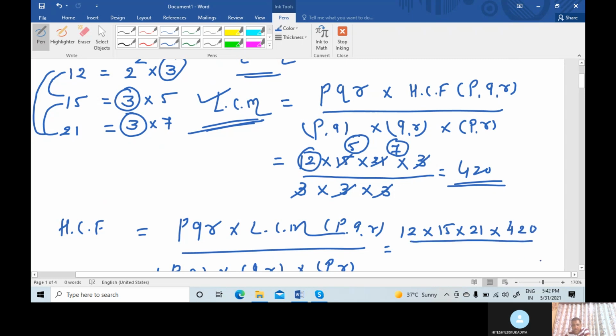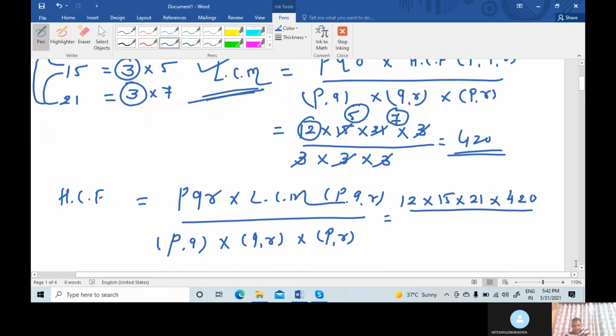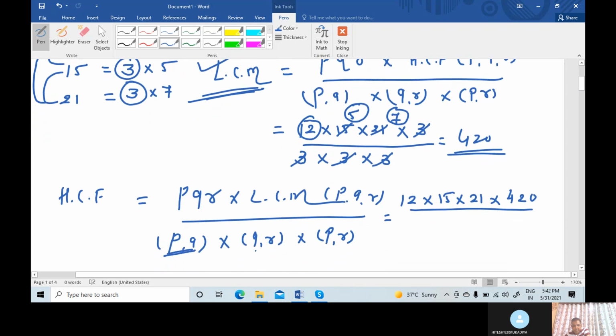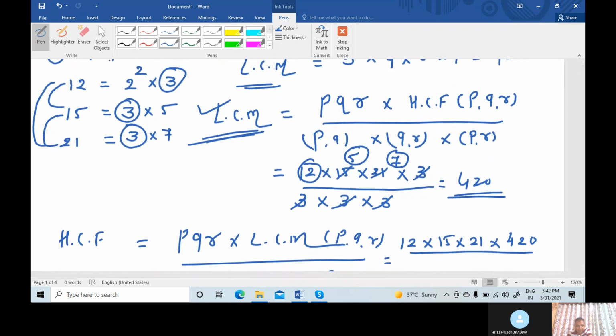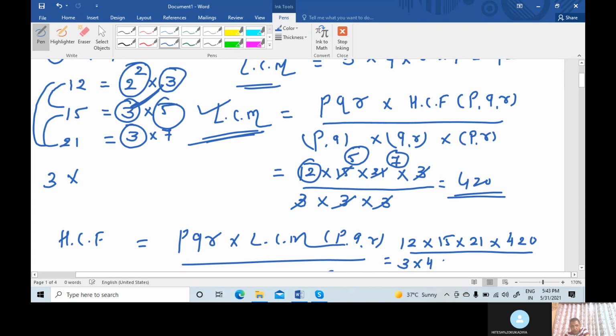The LCM of the three numbers P Q R is 420. Now our concept is the LCM of the first two numbers, the LCM of the second and third numbers, and the LCM of the third and first numbers. Check here. The LCM of the first two numbers, 12 and 15: first we write the common number 3, then the remaining numbers 2 raised to 2, that is 4, and 5.